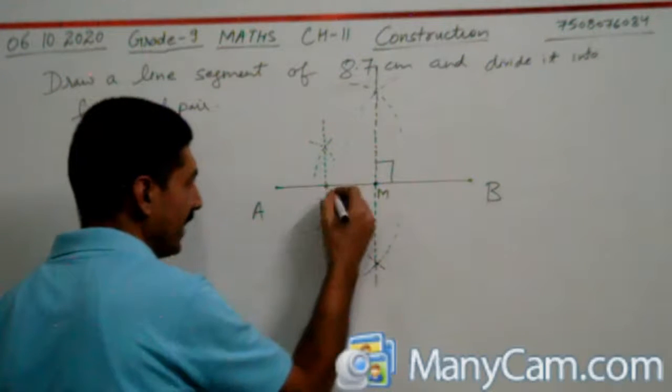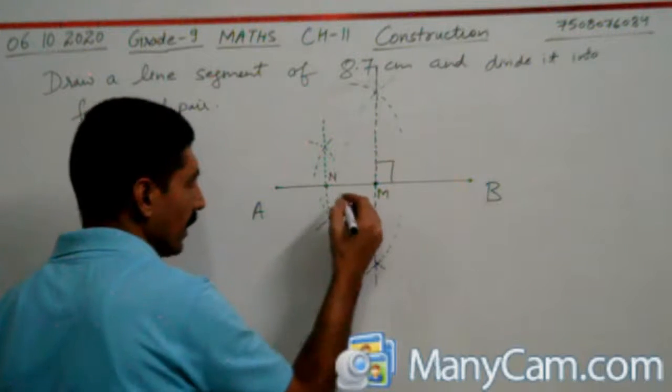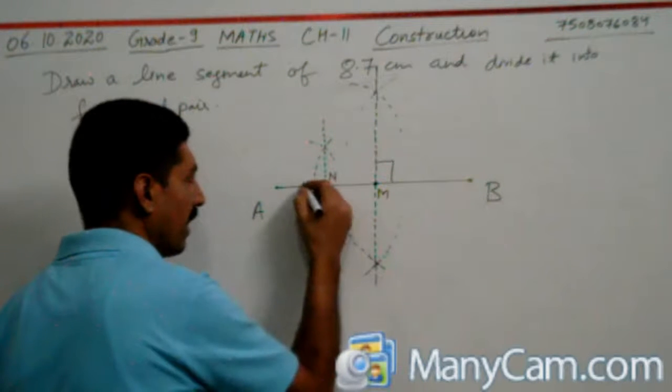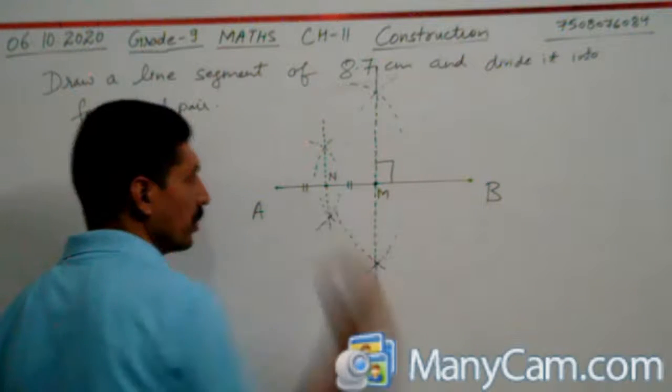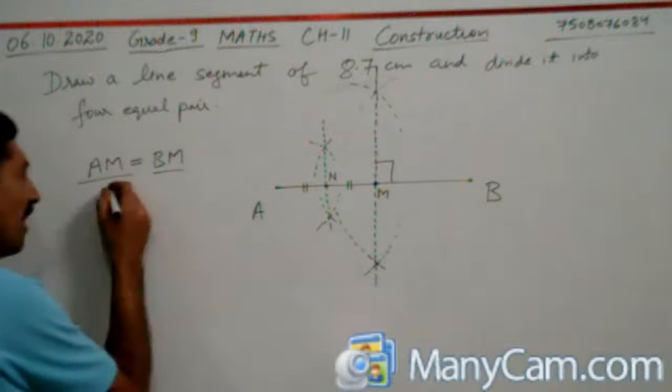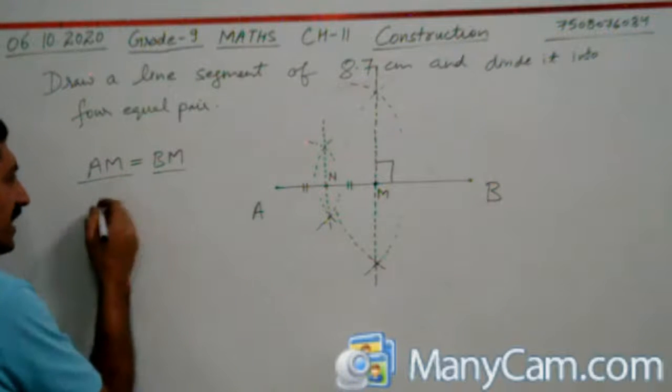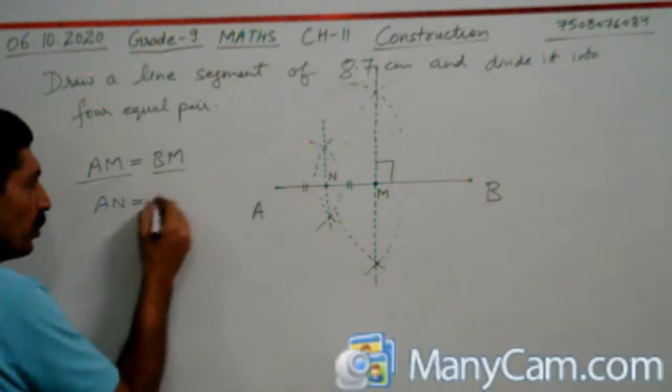This point is N here. Now we have AN equal to MN, half of AM.